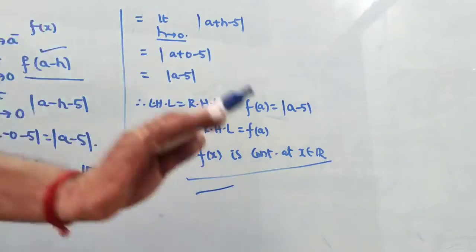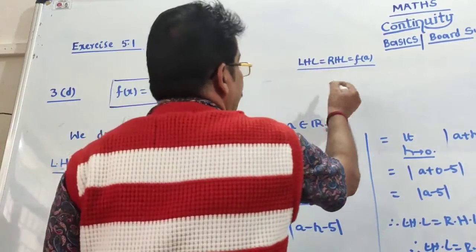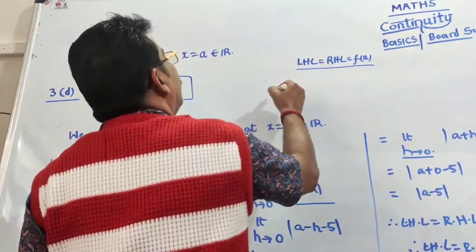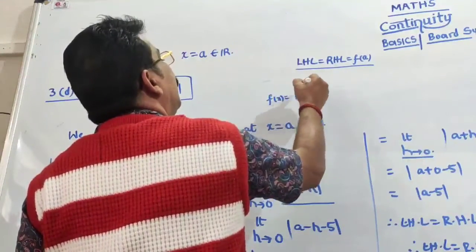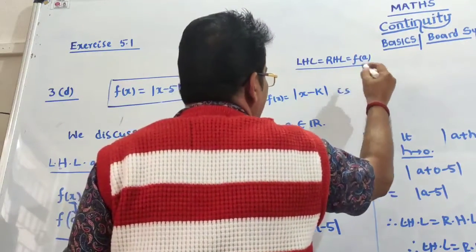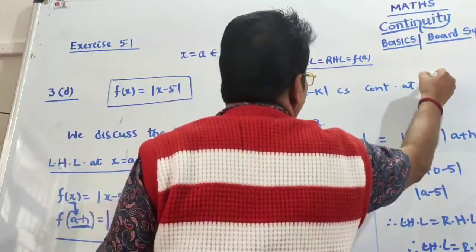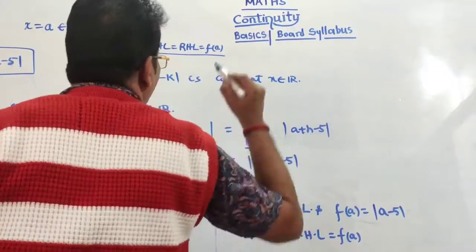Hence the problem. Already I said one standard form: modulus of x minus anything is always continuous for x belongs to capital R.